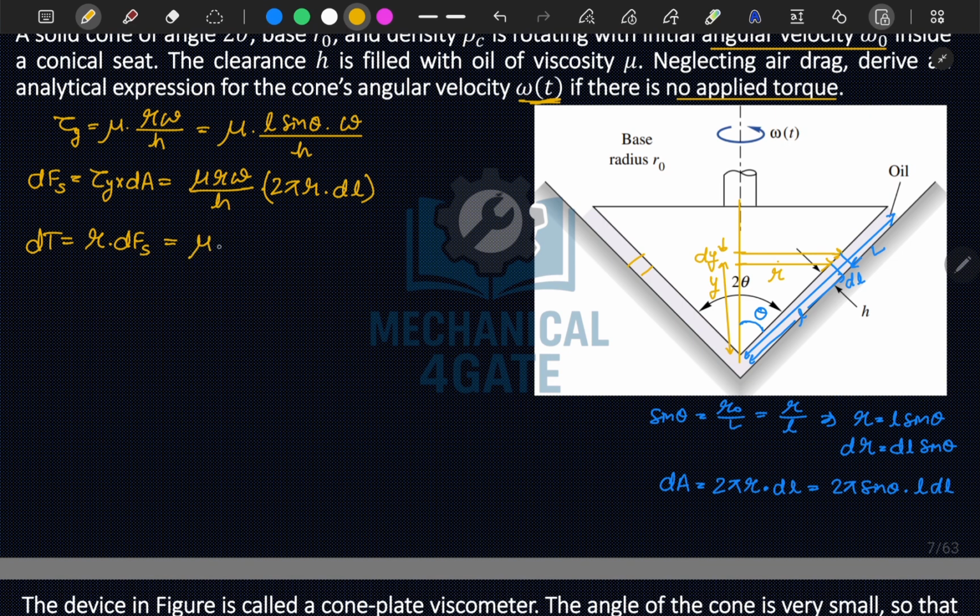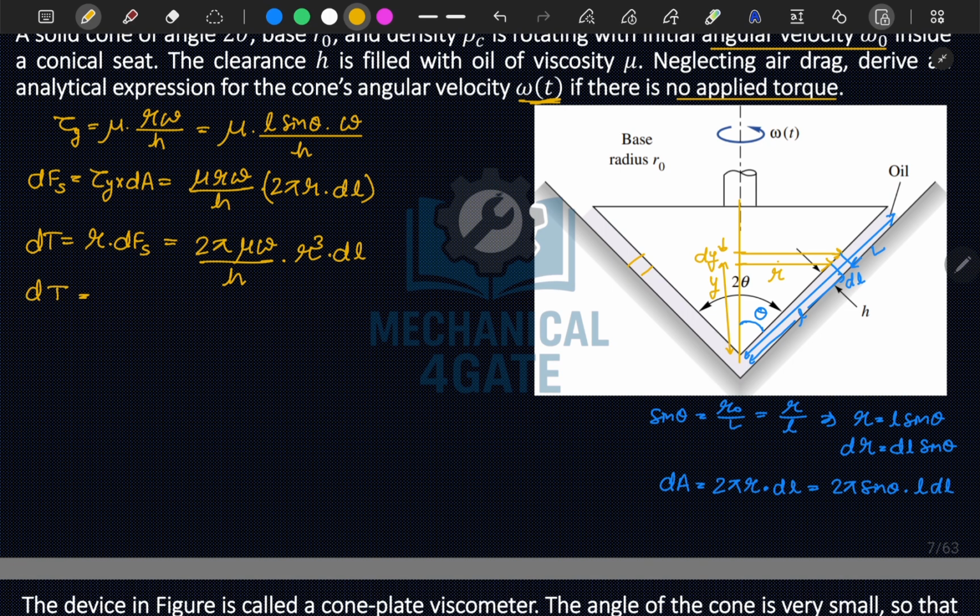So this will be 2 pi μ ω by h times r into r squared, and this is again r cube times dl. Okay, so you can write your r as L sin theta. Let me write it in the next line.